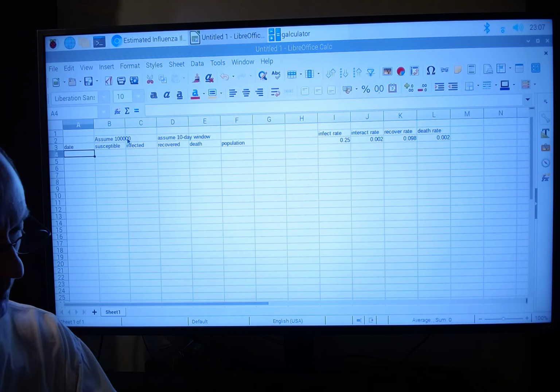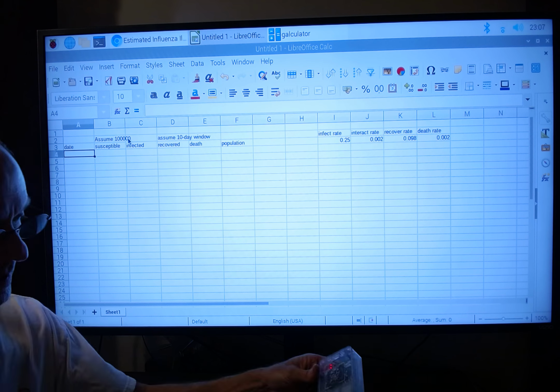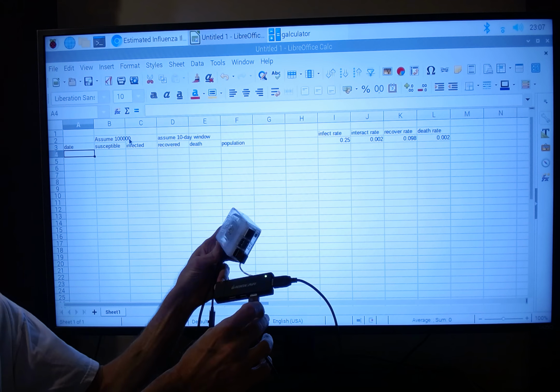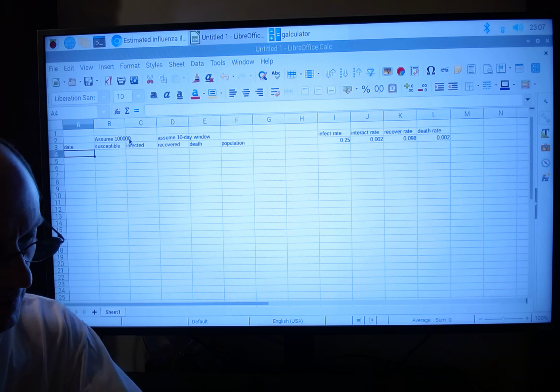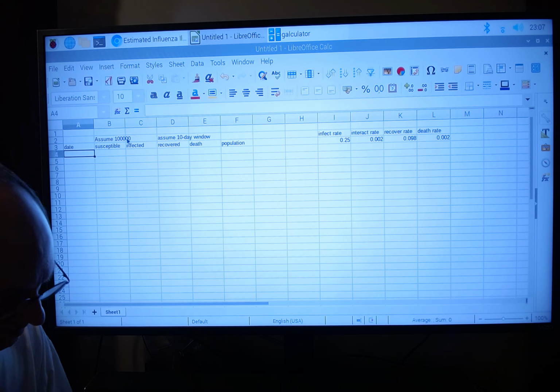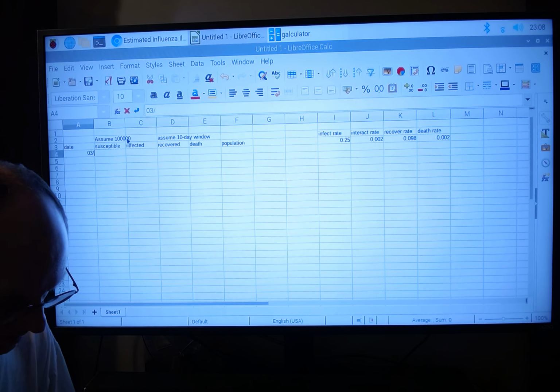And for my simulation, I will be using a Raspberry Pi 4 to run the spreadsheet and the models. So this is March the 7th.